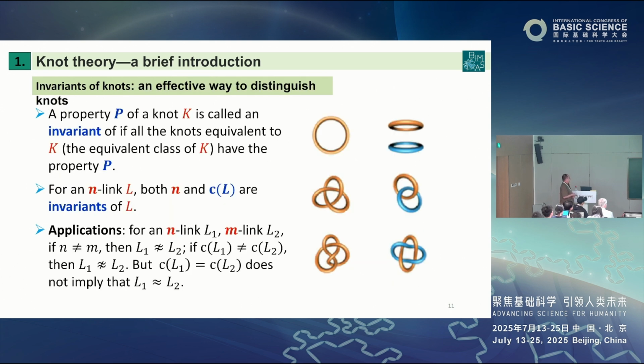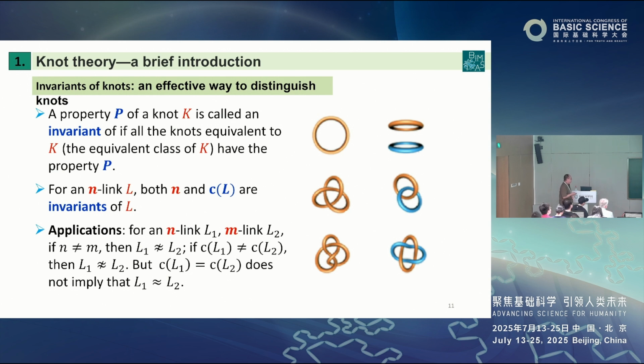So usually in knot theory, we use knot invariants to distinguish knots and links. A property P of K is called an invariant if all the knots equivalent to K have the property P. For an n-link L, both the component number n and the crossing number c(L) are invariants of L. So here are some simple applications.